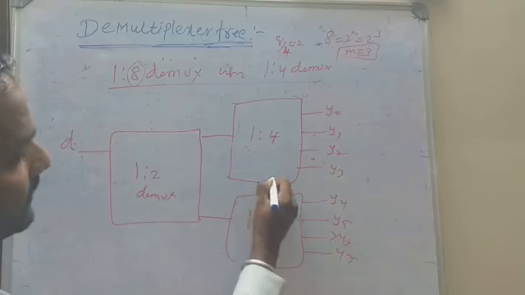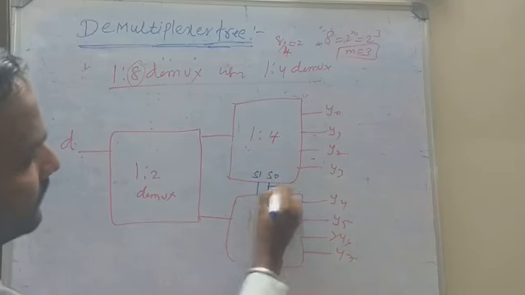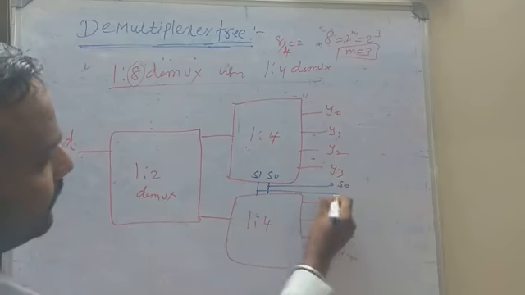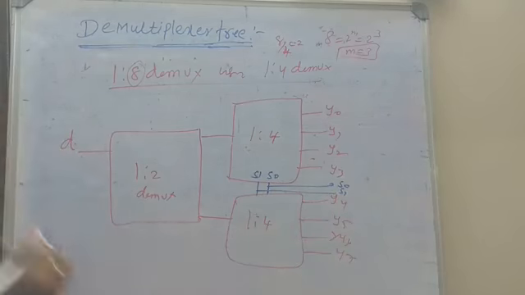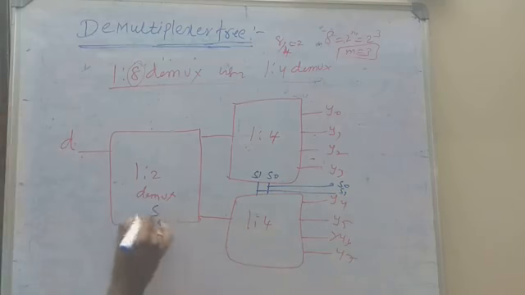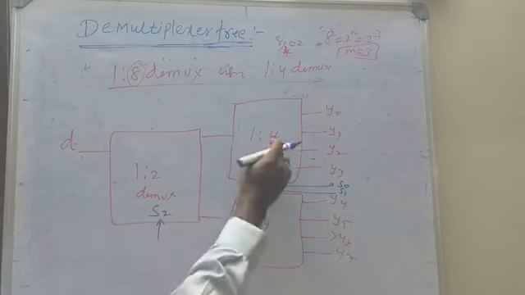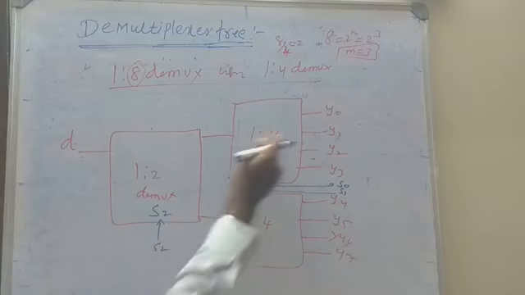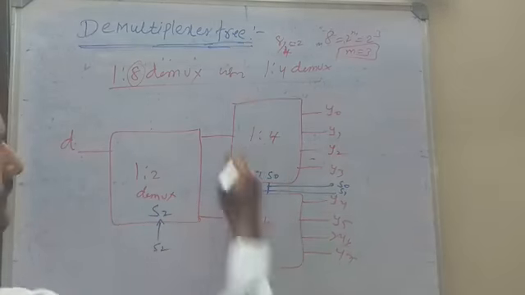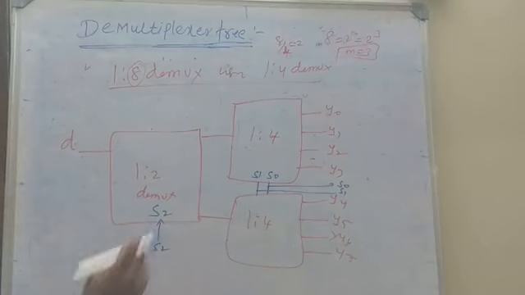I am going to assume these selection lines are S0 and S1. Take them as common. For the 1:2 demux, only one selection line, that is S2. So based on this S2 only it is going to operate. If S2 is equal to 0, this first demux is enabled. If S2 is equal to 1, this second demux is enabled.